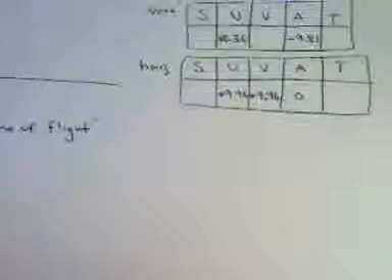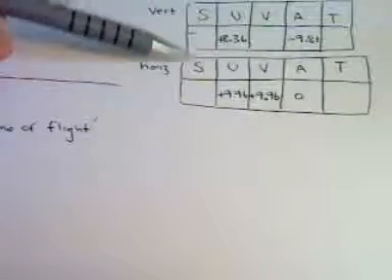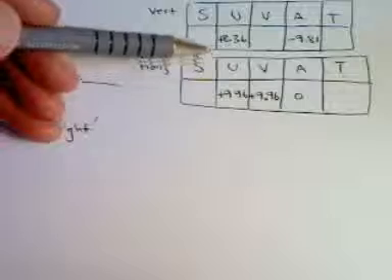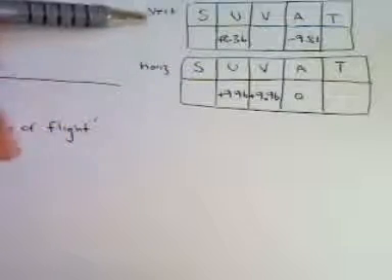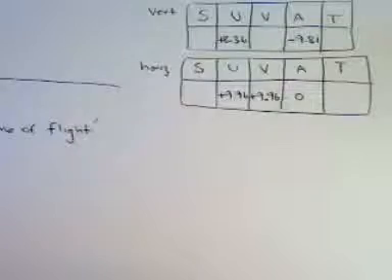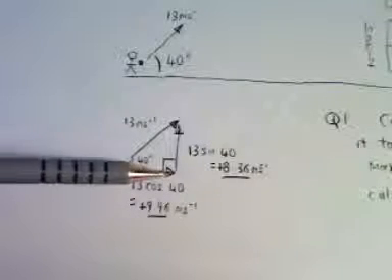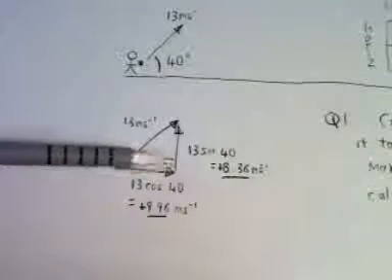So if we return to our original grids, you can see I've just redrawn the grids here, and remember we resolved the velocity to get the initial vertical velocity and the initial horizontal velocity. If I just take you back to this diagram here, remember this gave us our initial horizontal velocity and our initial vertical velocity.